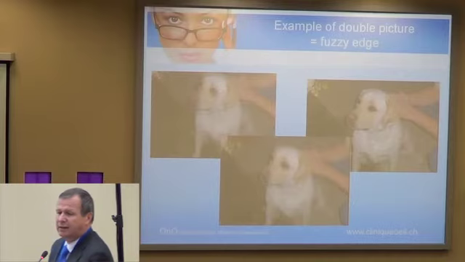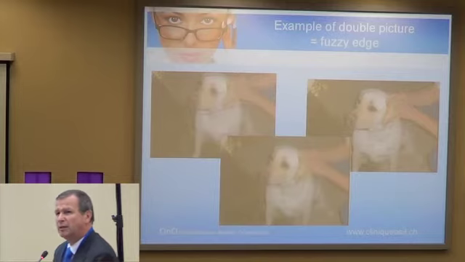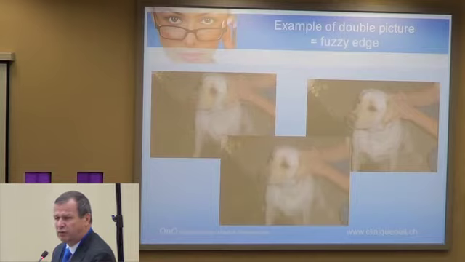You see that the right side is without astigmatism, the middle is with -1 astigmatism, and the third image is with -3 astigmatism. And you see that you have a fuzzy edge. That's why the people say you have a double image. It's very important that you see the edge is completely fuzzy.